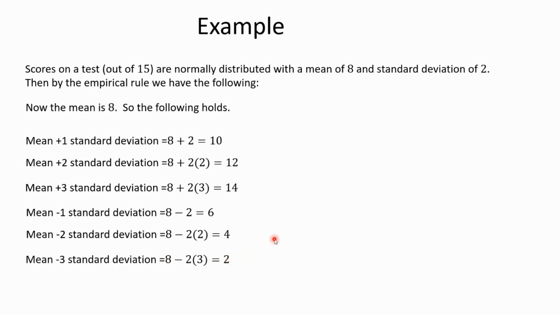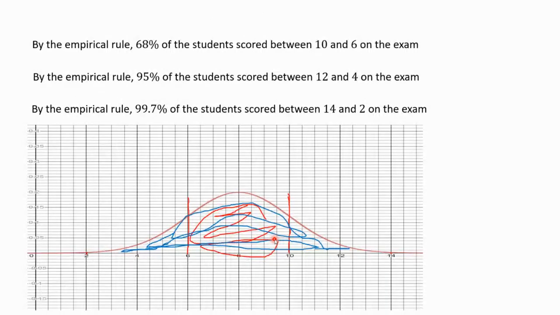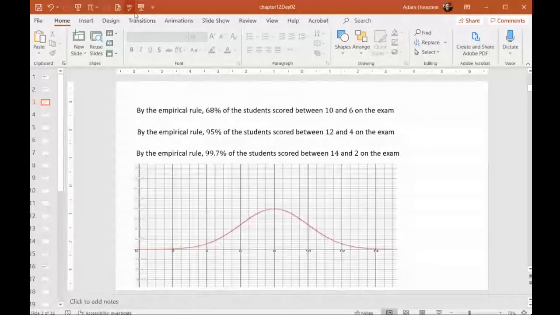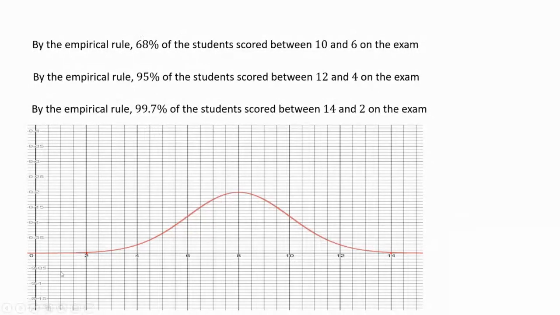And what the empirical rule tells us is that, I tried to graph it here. Let me just eliminate that. I'll regraph it. By the empirical rule, 68% of the data is between 6 and 10. Oh boy, my artistic skills aren't the best, bear with me.